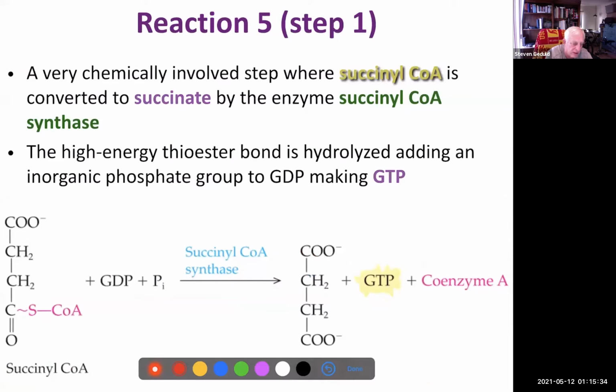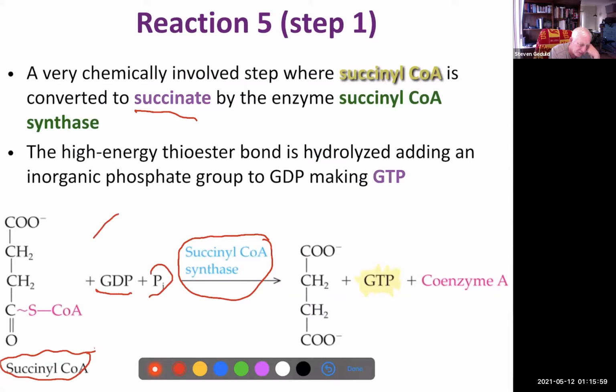Reaction 5. Okay, so succinyl coenzyme A is our starting point for reaction 5. Okay. Succinyl coenzyme A is converted to succinate by the enzyme succinyl coenzyme A synthetase. Okay. High energy thioester bond is hydrolyzed, and inorganic phosphate is added to GDP, guanine diphosphate. So you have guanine diphosphate plus your phosphate.